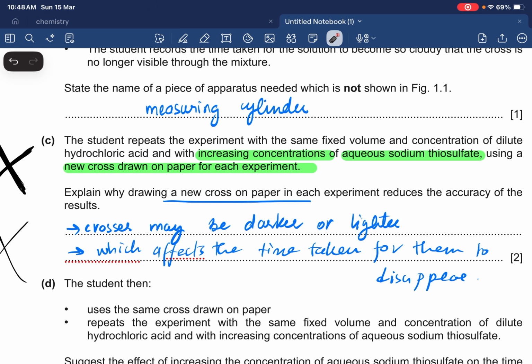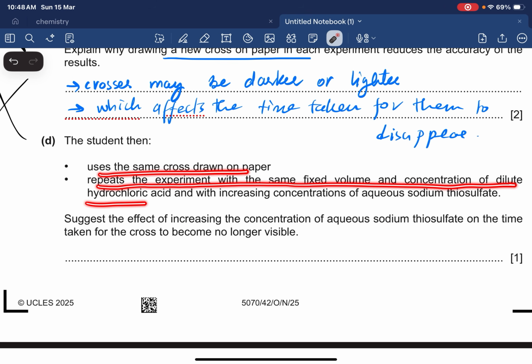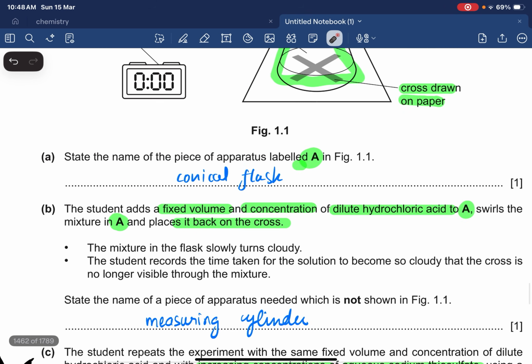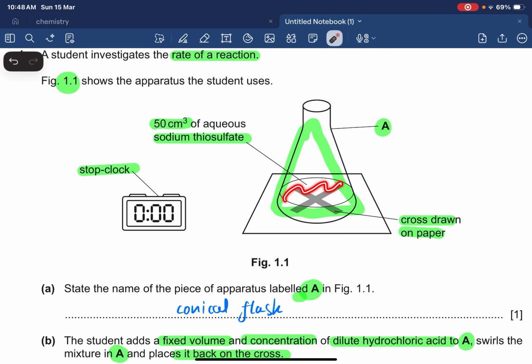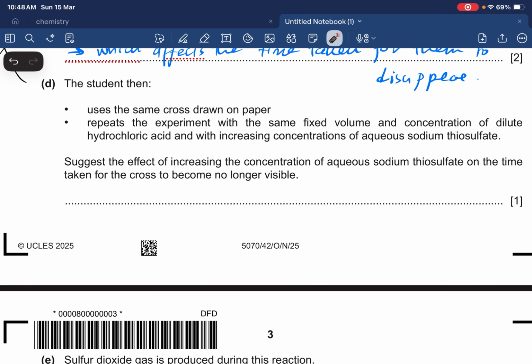The student then uses the same cross drawn on paper and repeats the experiment with the same fixed volume and concentration of dilute hydrochloric acid with increasing concentration of aqueous sodium thiosulfate. The thing in the flask was sodium thiosulfate, so that's increased, but the HCl is not increased. Suggest the effect of increasing the concentration of aqueous sodium thiosulfate on the time taken for the cross to become no longer visible.